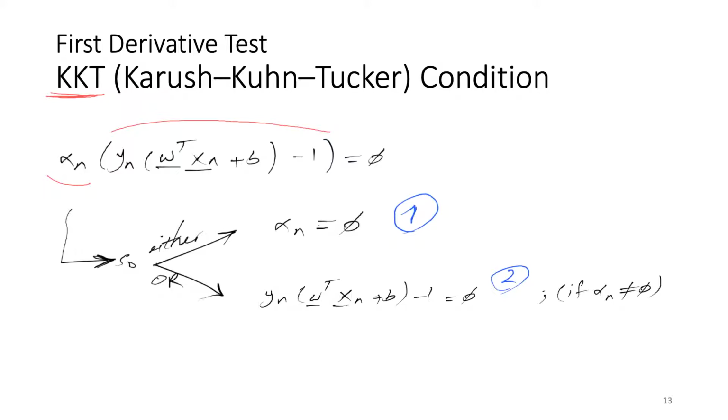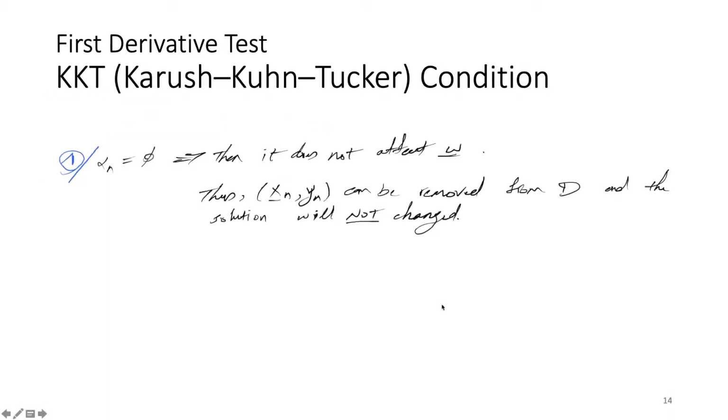Okay, so now finally, using these two possibilities, either alpha n is 0 or the rest is 0, we can come to a conclusion in two cases. The first one is alpha n was 0, right?